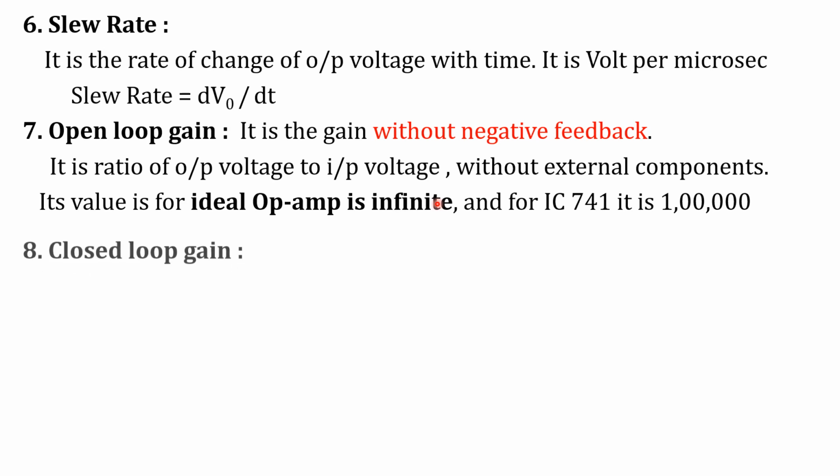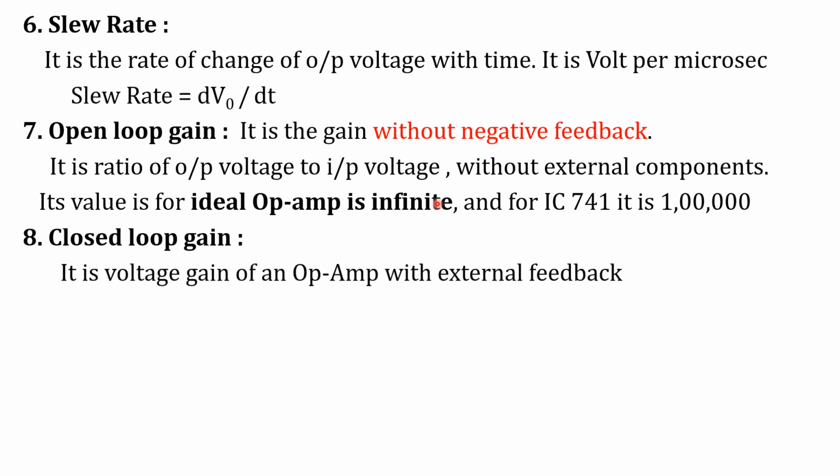The next parameter is closed loop gain. It is the voltage gain of the operational amplifier with external feedback. It uses negative feedback, therefore it is the gain we get with negative feedback.